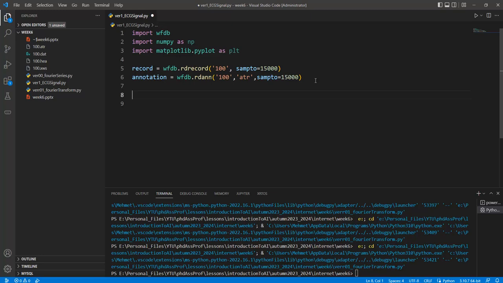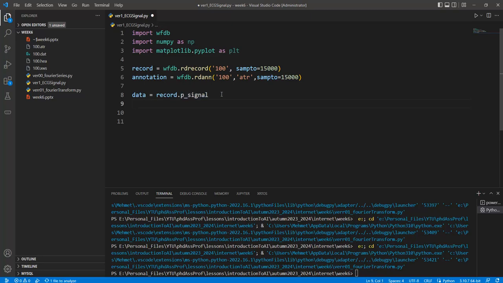Okay, so in order to obtain the record, we can use the p_signal function. Okay, this is our representation of the ECG values in voltage terms. This returns the array related to ECGs.